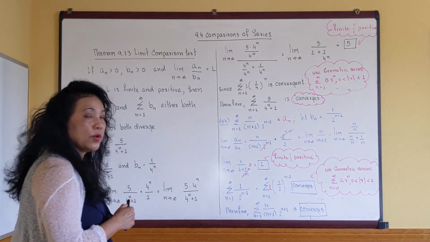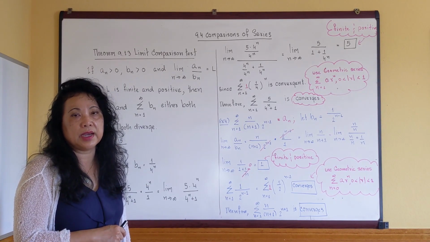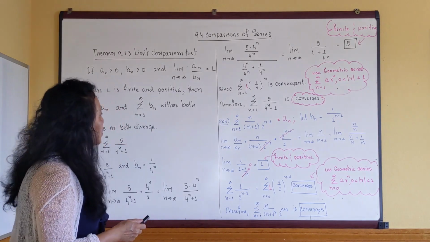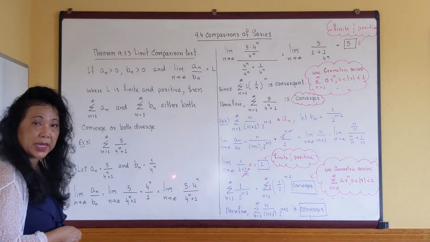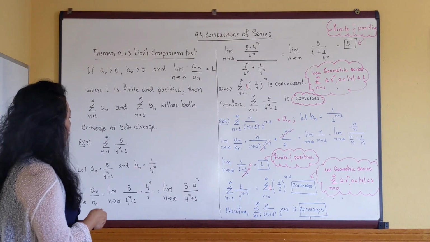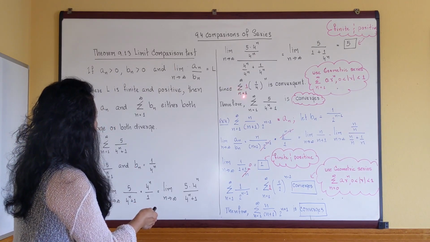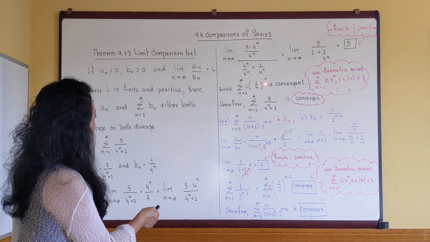So I have to prove one of them. If one of them diverges, the other has to diverge. If one of them converges, the other has to converge. So I will make it easy on myself and pick the easy one, which is b sub n. That's easier to prove. I rewrite it as the sum from n equals 1 to infinity of 1 times (1 over 4) to the n.